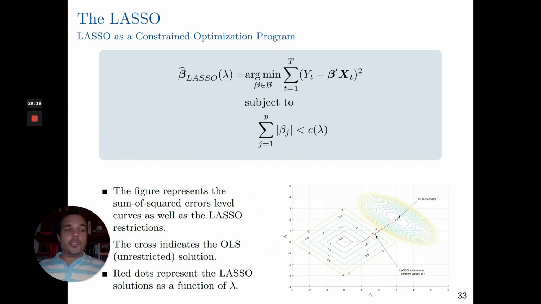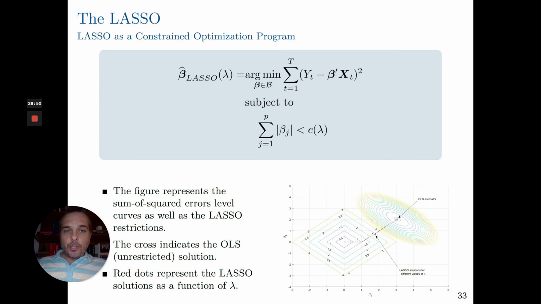So what Lasso is doing, we have the same direct analogy to a constrained optimization problem. The Lasso solution is the solution of a restricted sum of squared errors. But now what you see is that the restriction surface is not a ball anymore, it's a diamond.